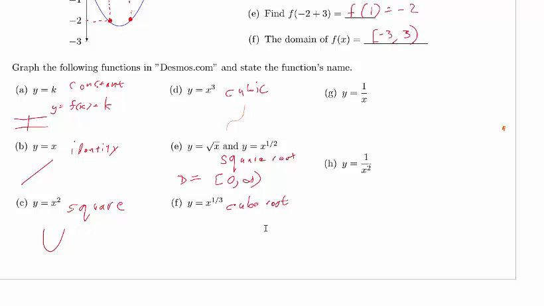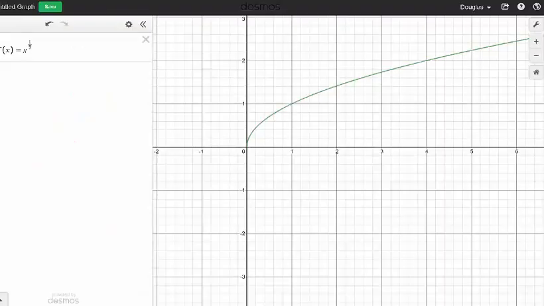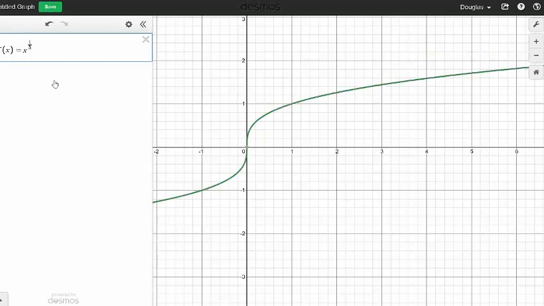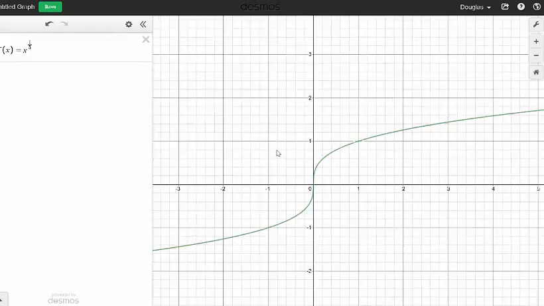The domain for this can be anything, because if I said, what is the cube root of a negative number, say negative 8, you would tell me it's negative 2. So let's go ahead and take a look here. And so note we got this little S shape going on there. So the domain is all real numbers, and the range is also all real numbers.